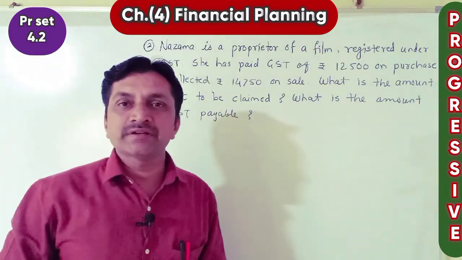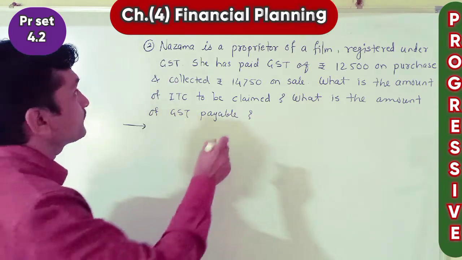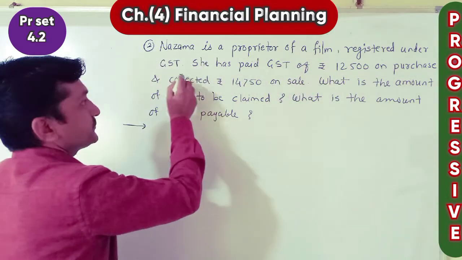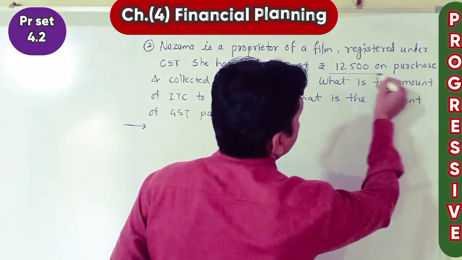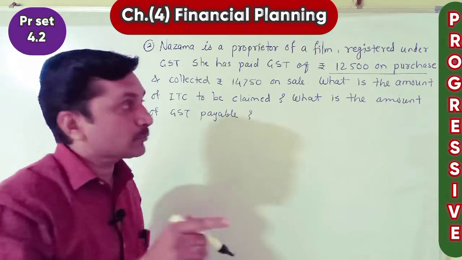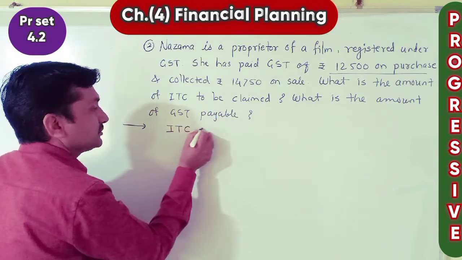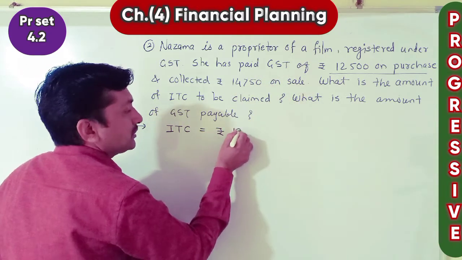Now let's see example number 2. This example is also the same. Nazma is a proprietor of a firm registered under GST. She has paid GST of rupees 12,500 at the time of purchase. At the time of purchase, that is ITC. So I write here ITC is equal to rupees 12,500.